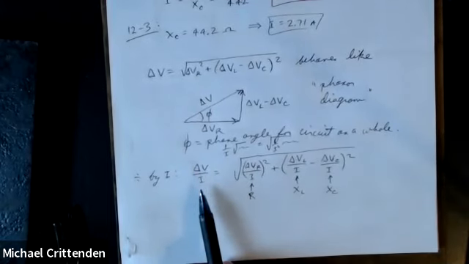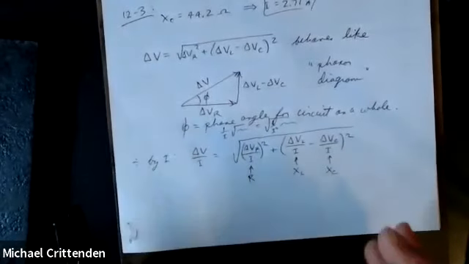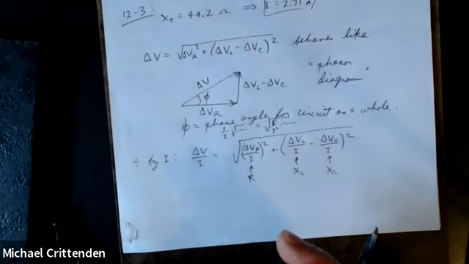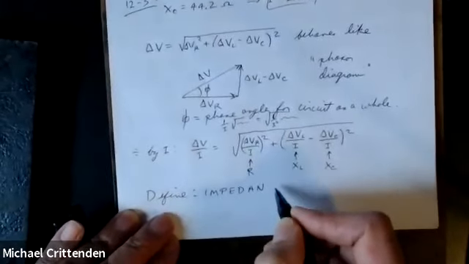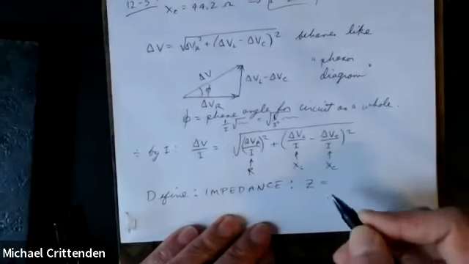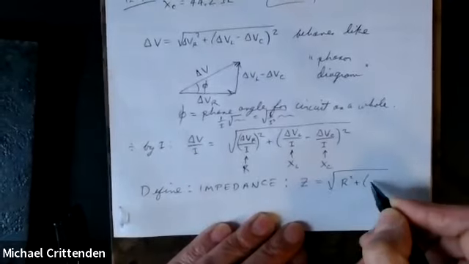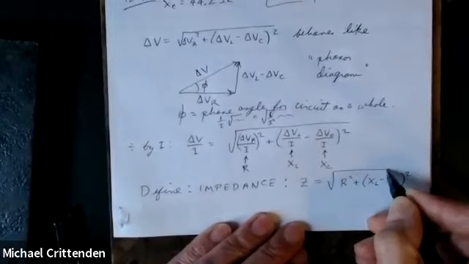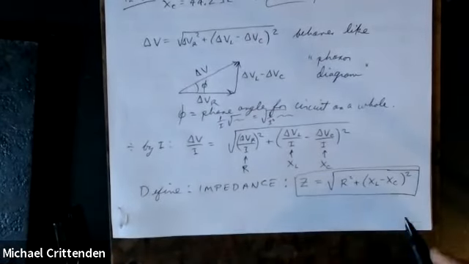Delta V over I for the circuit as a whole is the effective number of ohms for the group taken as a whole, and that is called the circuit's impedance, represented by the letter Z: the square root of R squared plus (X_L minus X_C) squared, measured in ohms.